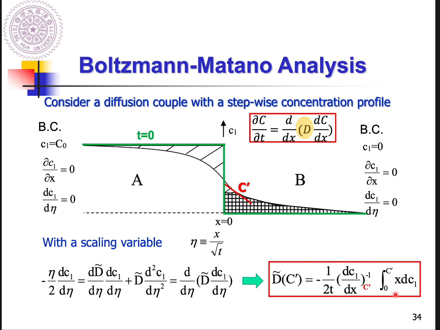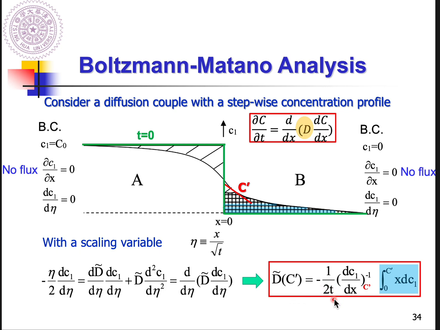And the third part is the total number of diffusing atoms: you integrate x, the location, times the concentration Ca, from 0 to C'. Then it is the area of this region.